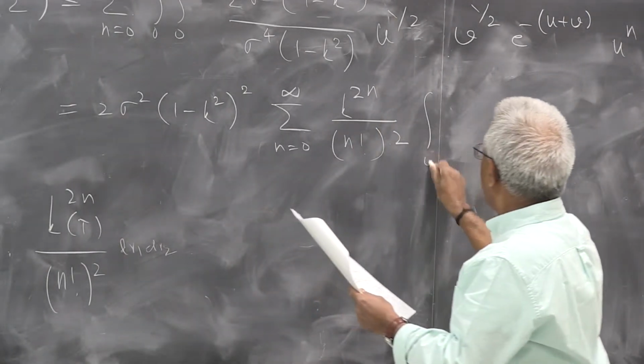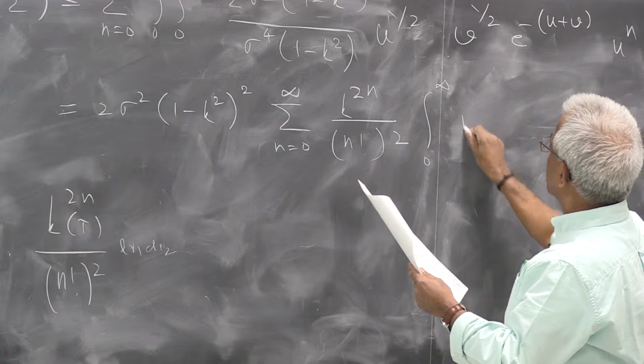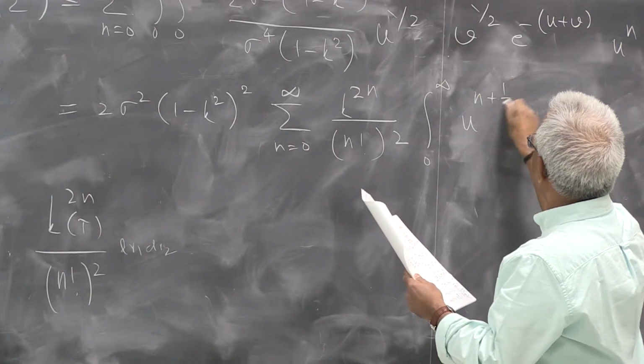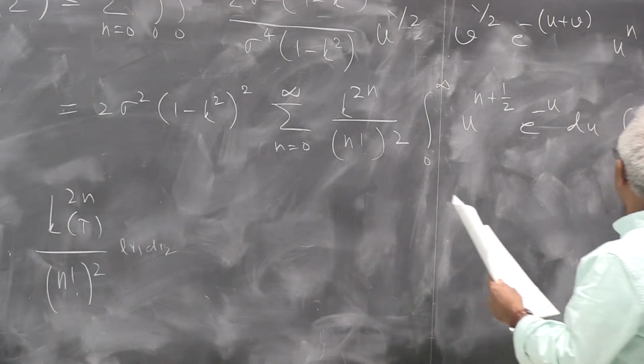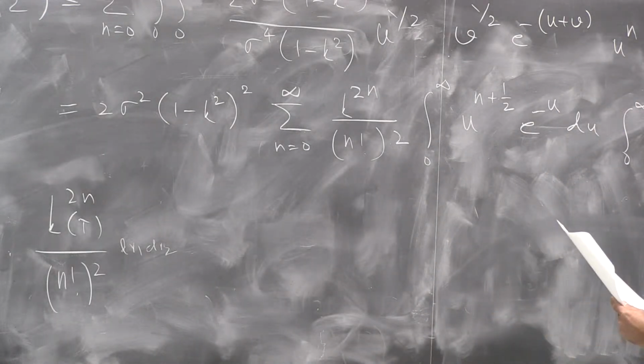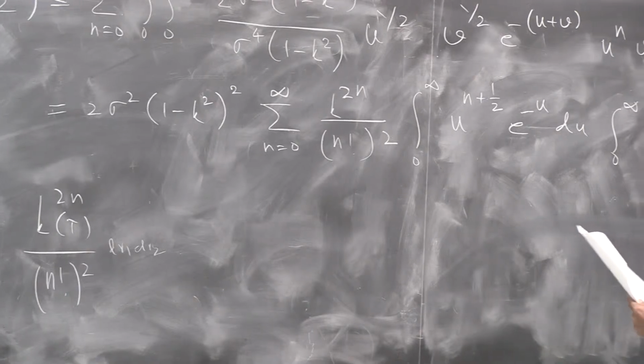Now the integrals become separate: u to the power n plus half e raised to minus u du. This is v to the power n plus half e raised to minus v dv.